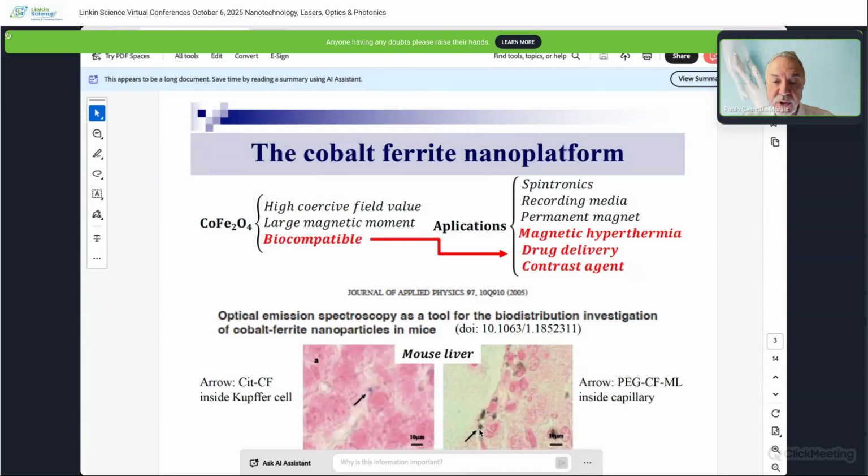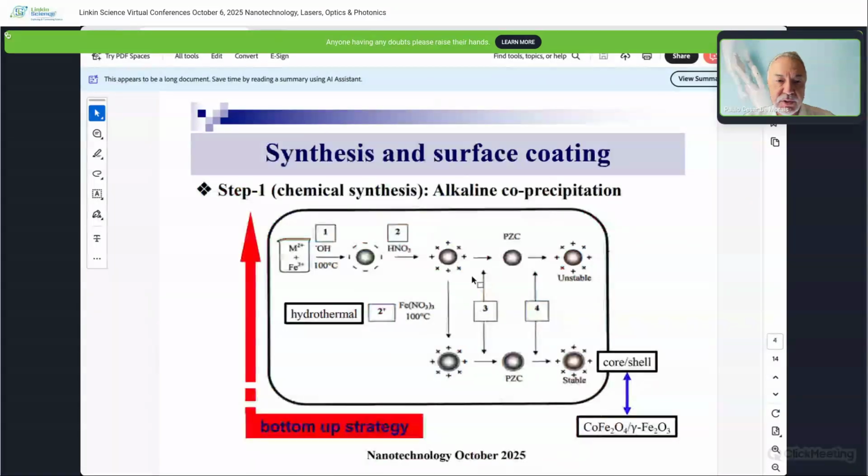So it was observed inside a capillary, actually. We followed all these experiments to confirm the biocompatibility of cobalt ferrite nanoparticles. So it is indeed a very biocompatible material and ready to be used in bio applications.